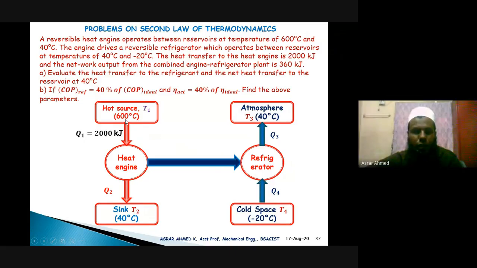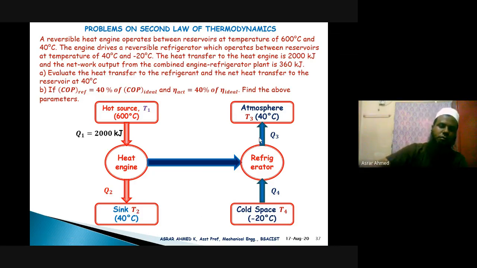So T1 Q1, T2 Q2, T3 Q3, and T4 Q4. You can name these as you wish. The numbering need not be in the same order. You can give Q1 here, Q2 here, Q3 here, Q4 here, as you wish.